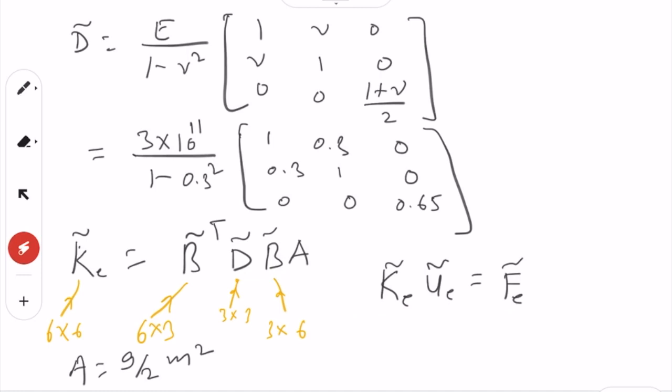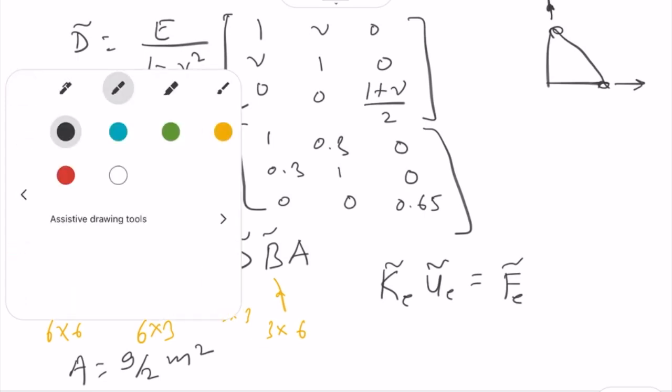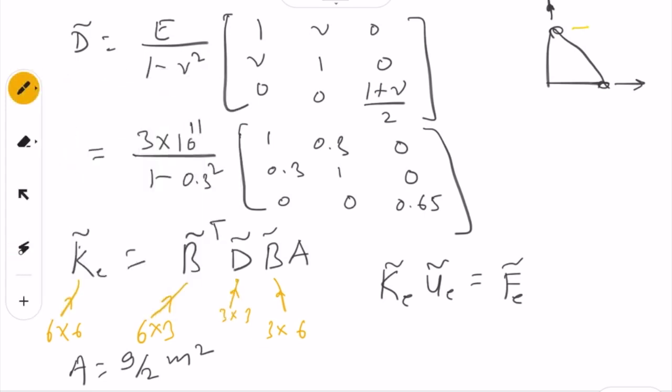But now we can also add further details, especially knowing that only the free degrees of freedom matter. Free degrees of freedom are just this one and this one. Looking at the row numbers, this is row 1, this is row 2, 3, this is 4, this is 5, this is 6.